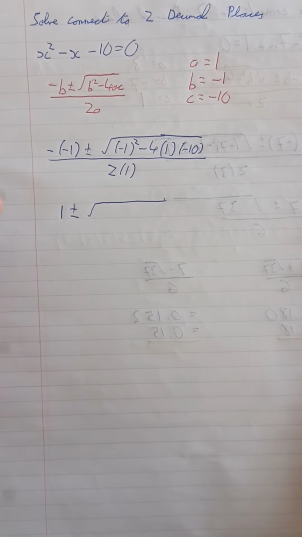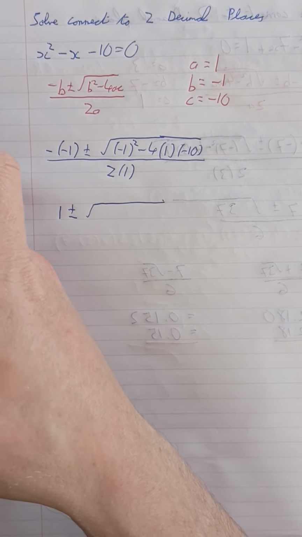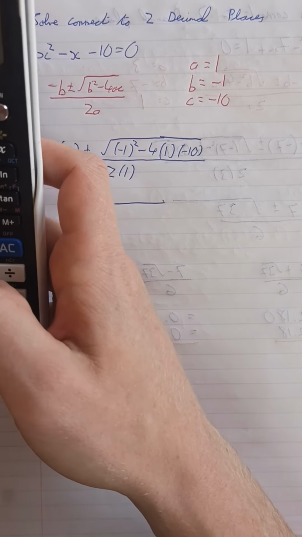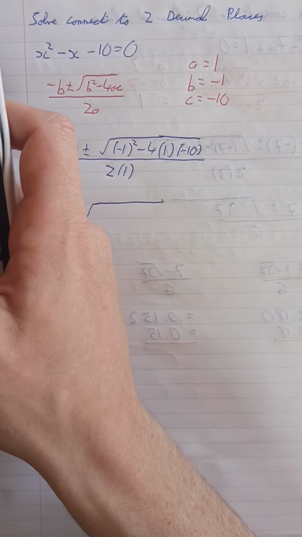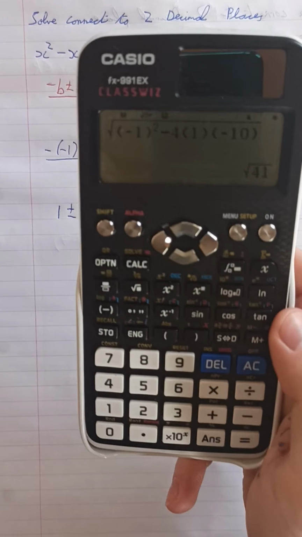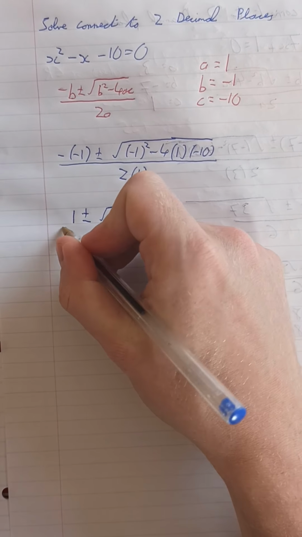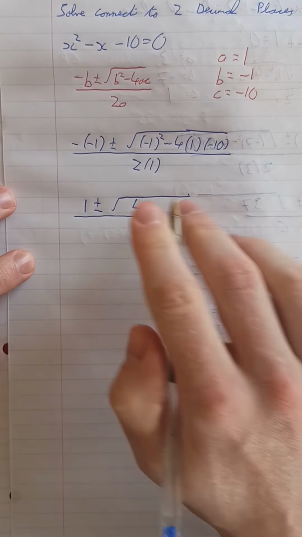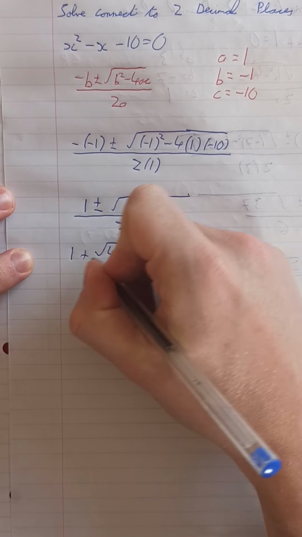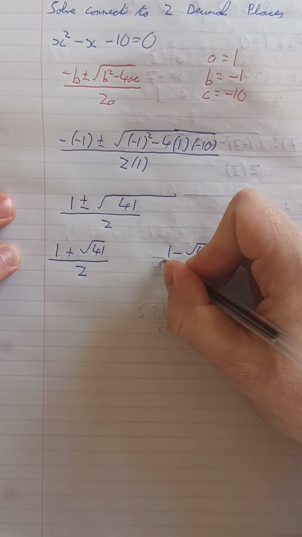Again, I'm putting all this into my calculator now. And we can see there, that is root 41. 2 times 1 is 2. So I have 1 plus root 41 over 2, and 1 minus root 41 all over 2.